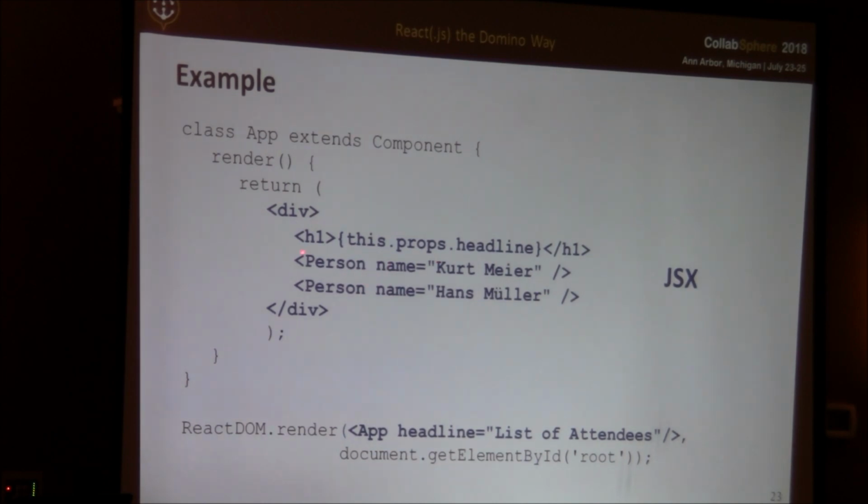You'll see it's easy: if it's a capital letter, then it's a component, and if it's a normal div, for instance, then it's a normal HTML tag. Is that by convention, or is that part of the language? That is convention. But yeah, you should.